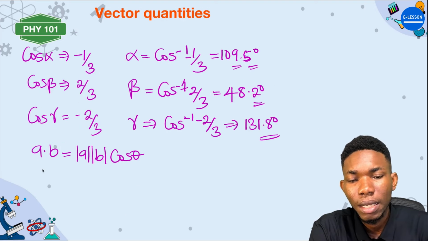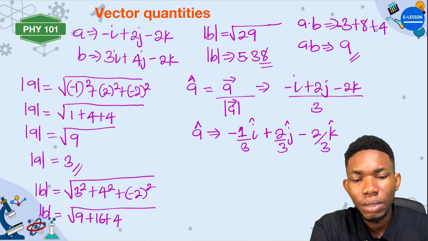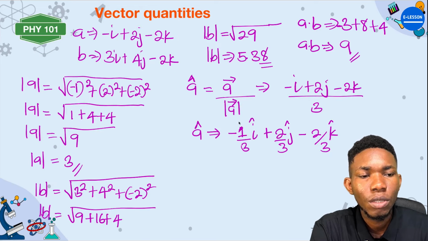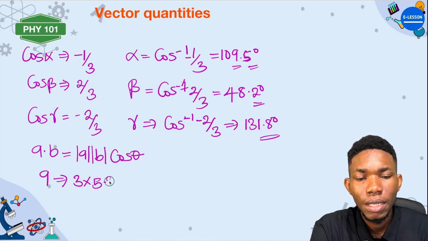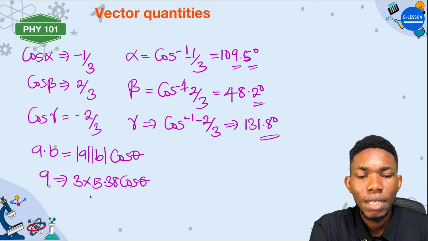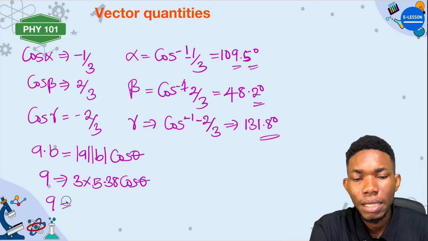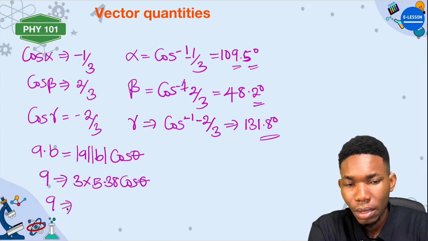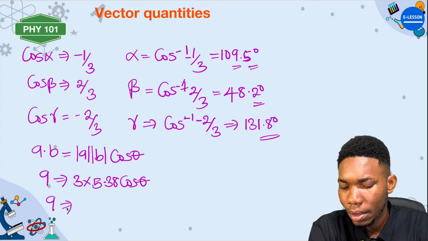So you come here and say 9 is equal to the magnitude of A, which is 3, times the magnitude of B, which is 5.38. So we have 5.38 cos theta. So my dear student, to find cos theta, what do we do? Divide both sides by what you have here. So this will be 9 is equal to 3 times 5.38.